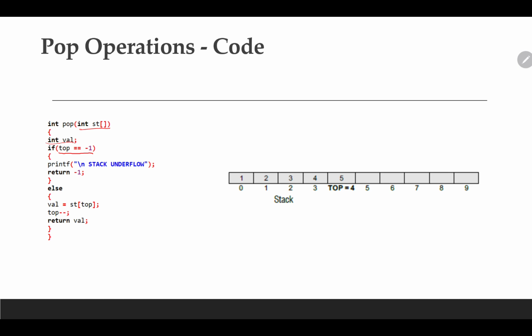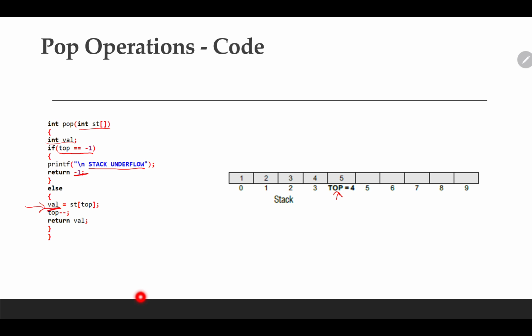If the condition is true, it will print the message as stack underflow and it will return -1. If it is false, it will go to the else part, and the value available in the top is stored in the variable val.